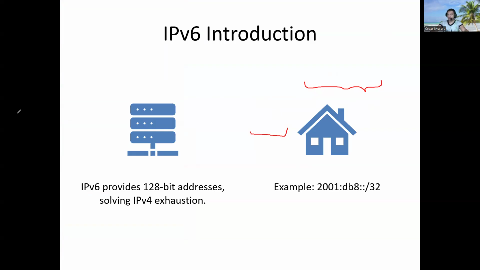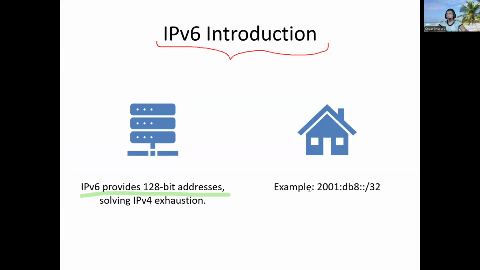Introduction to IPv6. We already talked a little bit in previous lessons about IPv6 and how it works. But let's just review a little bit. So let me just highlight this section. IPv6 provides 128-bit addresses, solving IPv4 exhaustion.